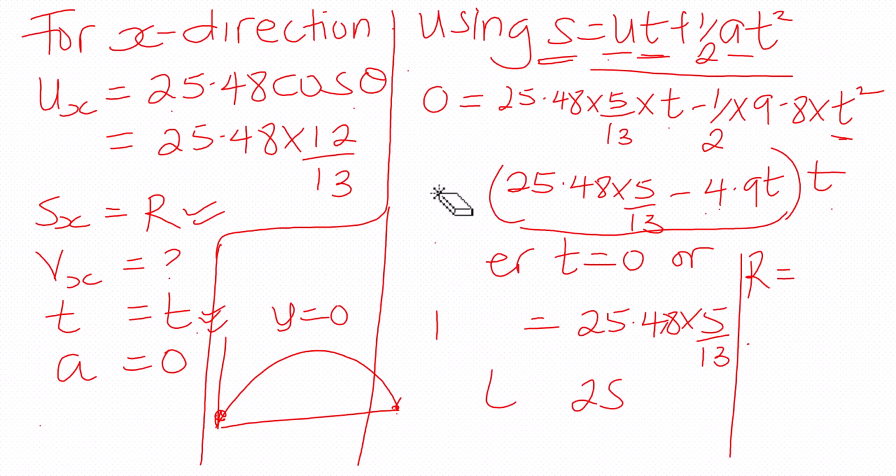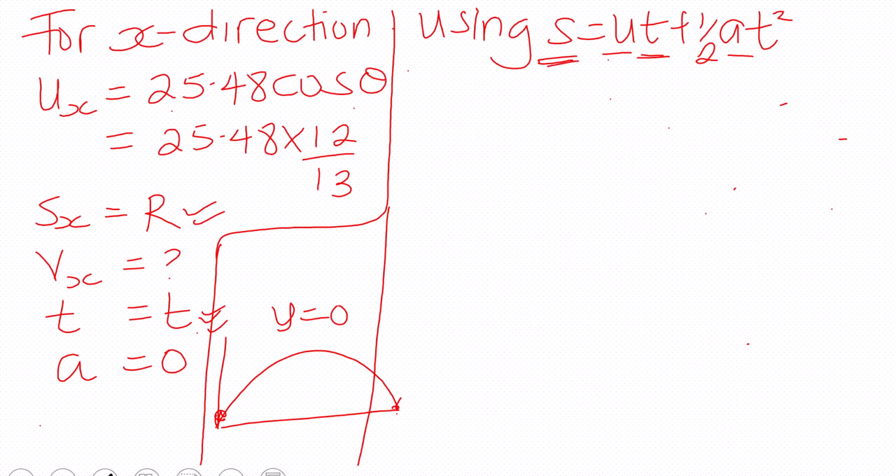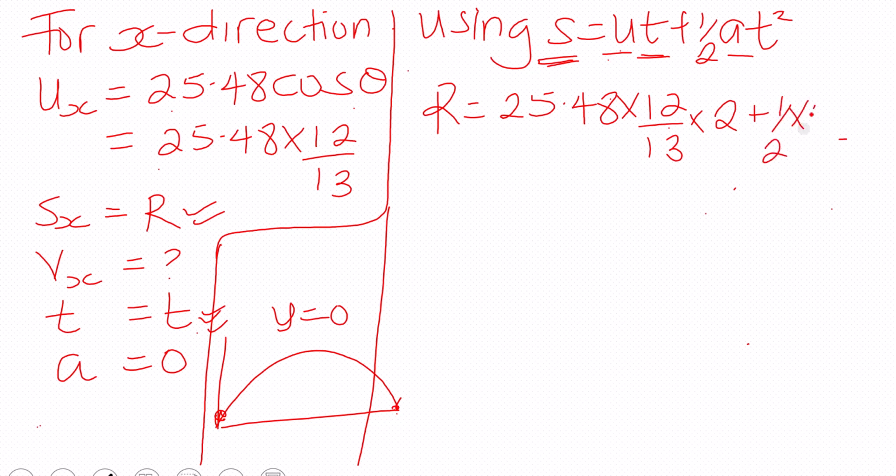So we are using the same equation, and I'm not going to rub it. We have our s, which is for r equal to u, and the horizontal component of velocity is 25.48 times 12 out of 13. Then times time of flight, which is 2, then plus a half times 0 times 2 squared.